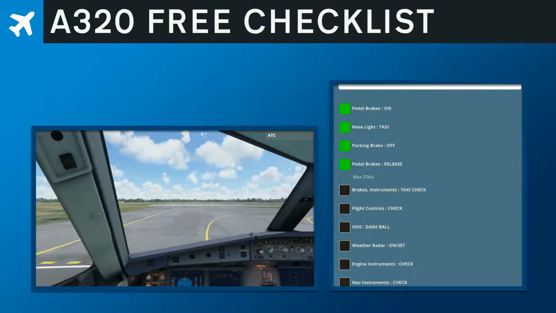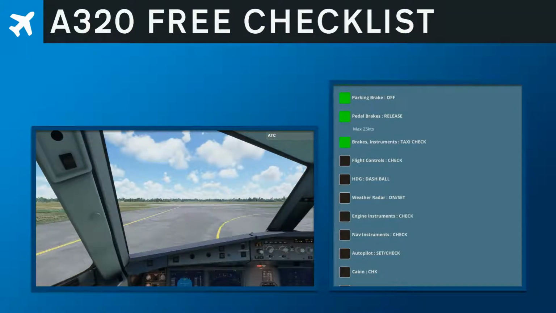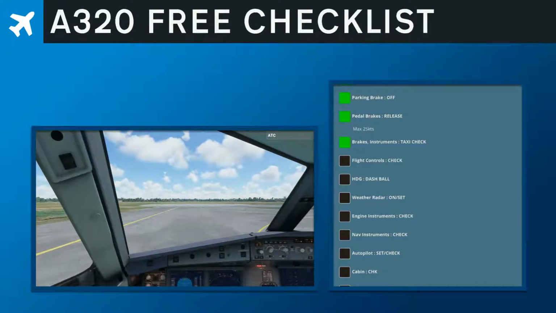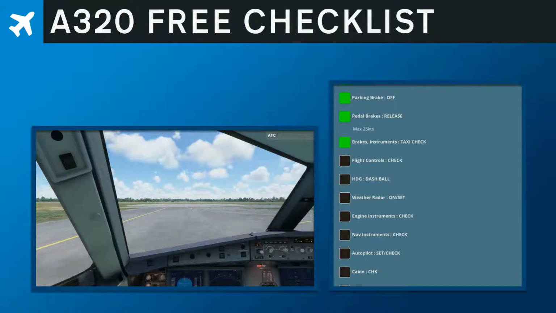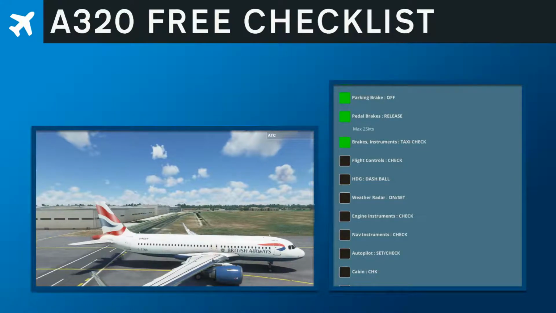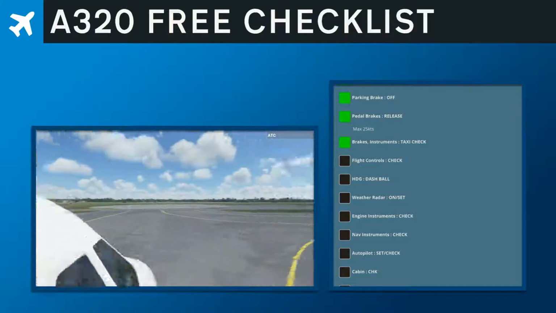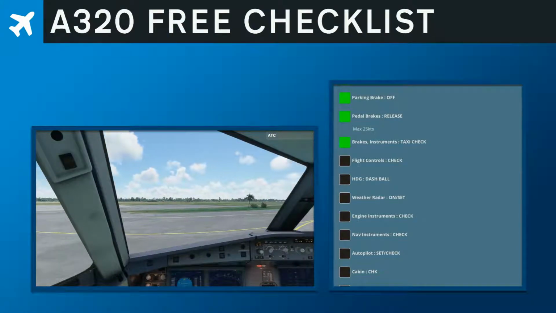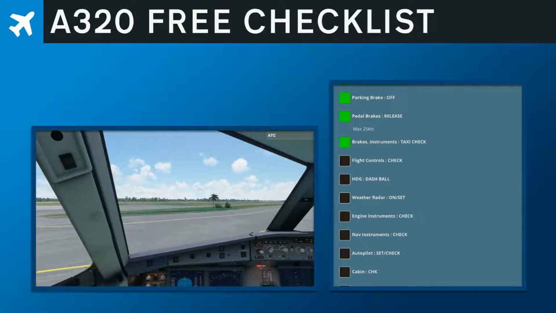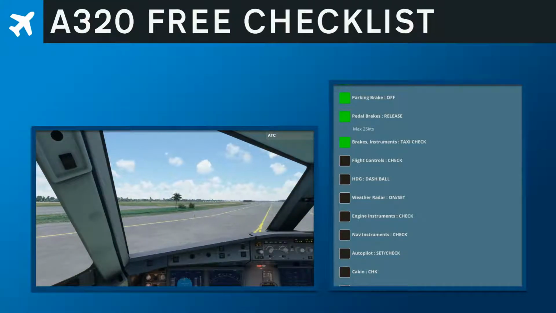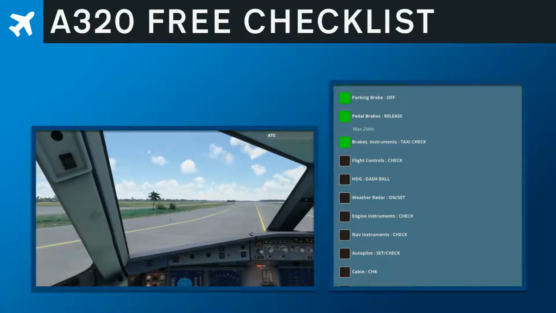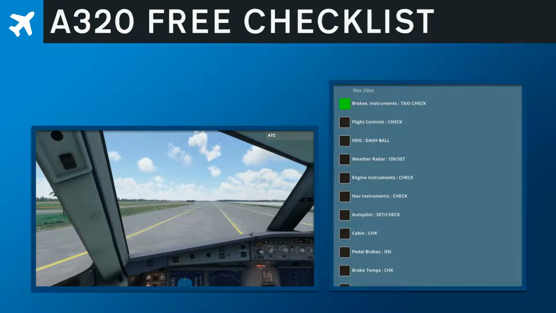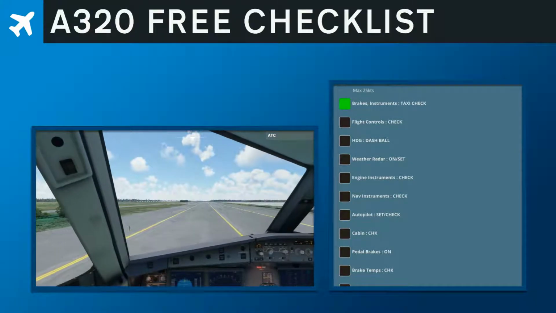What we do is, as per the checklist, check the brakes, flight controls. So this should be Charlie, or Charlie 1. As we're doing this, we're doing other checks as we go along.